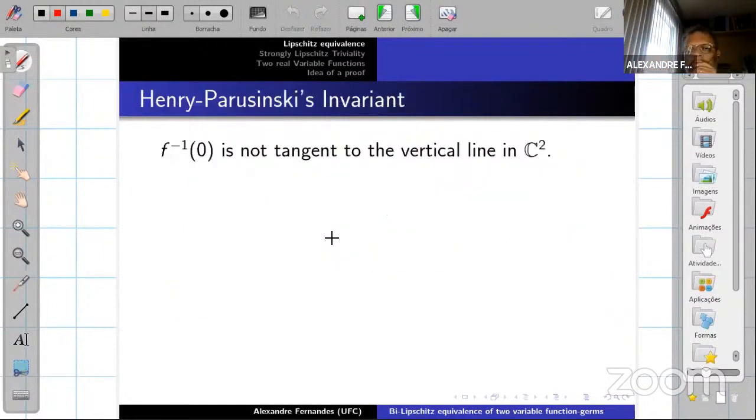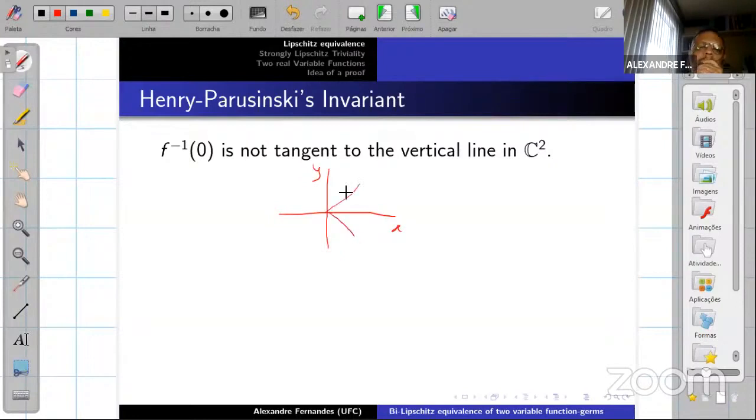So suppose you have a two variable function germ in C2, and the zero set of this function is not tangent to the vertical line. We have coordinates here, x and y. And suppose the zero set is not tangent to the vertical, okay?